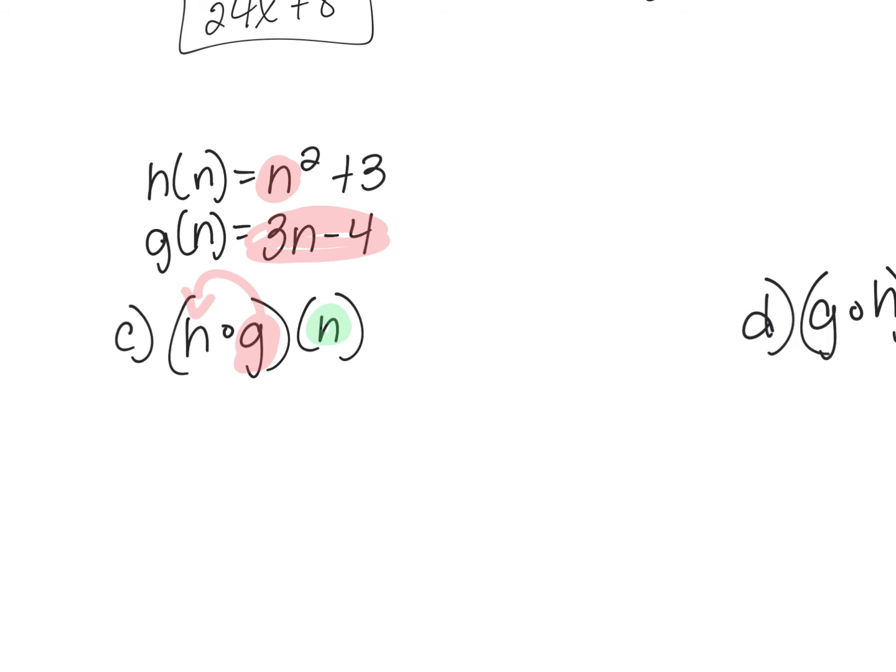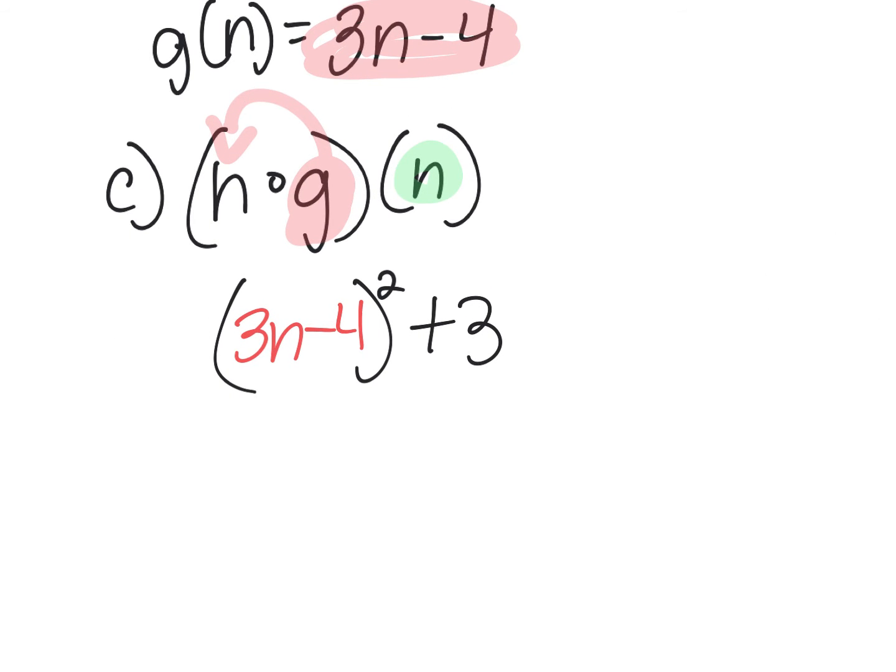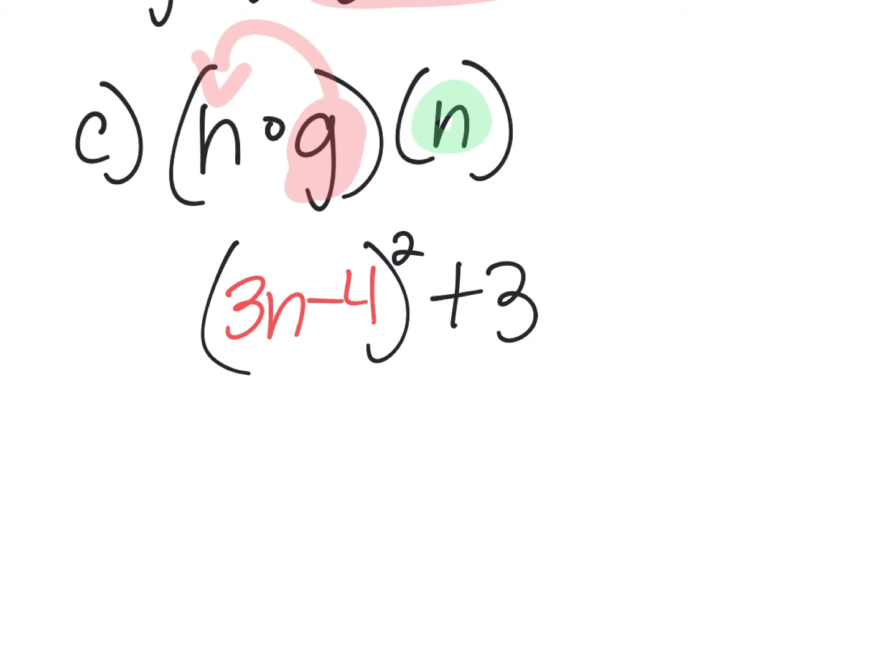You do the exact same thing. But this one is a little bit different. So when I plug that in, it's going to be the 3n minus 4. And since in the h of n, the whole thing is being raised to the second power, I need to raise that to the second power. Okay, so now I'm ready to clean this up.